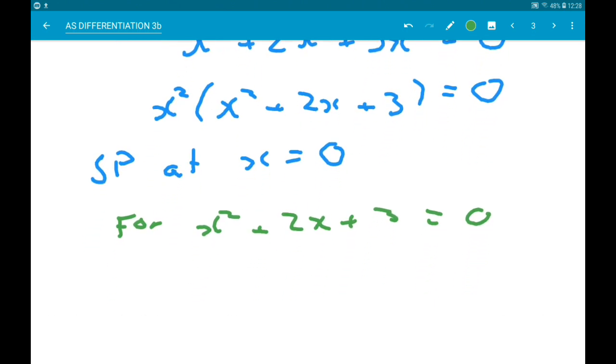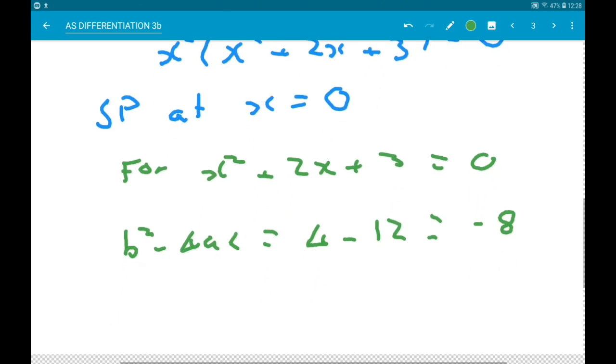So b squared minus 4ac is going to be 4 minus 4 times 1 times 3, so minus 12. Now that gives us minus 8.